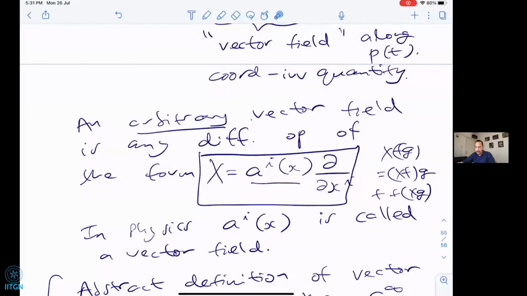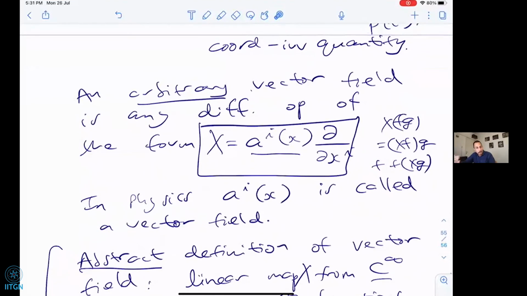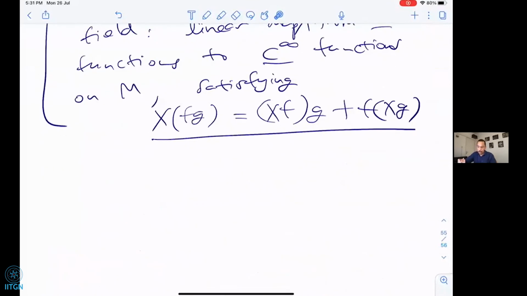The idea here is that when I change coordinates, this function will transform in the way that velocity is transformed. So a^i of x goes to, I don't know what's the best notation. In physics, we commonly use prime, not for differentiation, but for the new coordinate system.